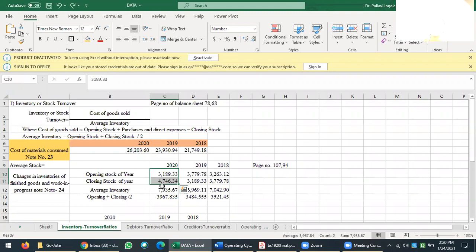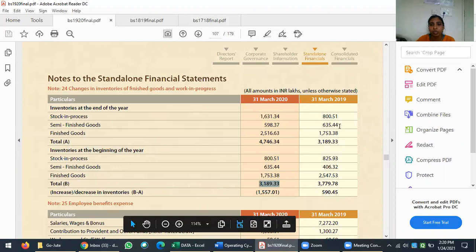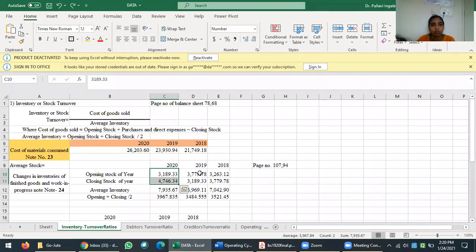The same way I will take from 2019 also. This is the opening of 2019, so I am now copying this here. If you see, this is the opening of 2020, it is the closing of 2019, so I am copying the same amount here also.